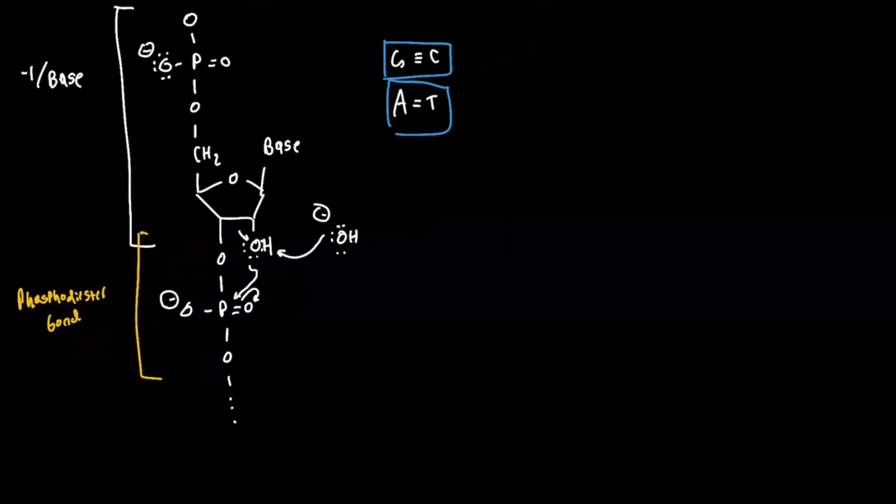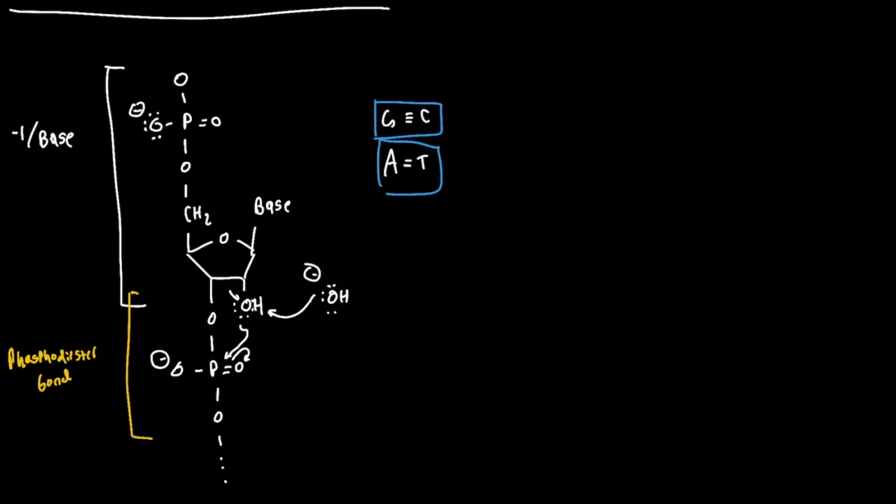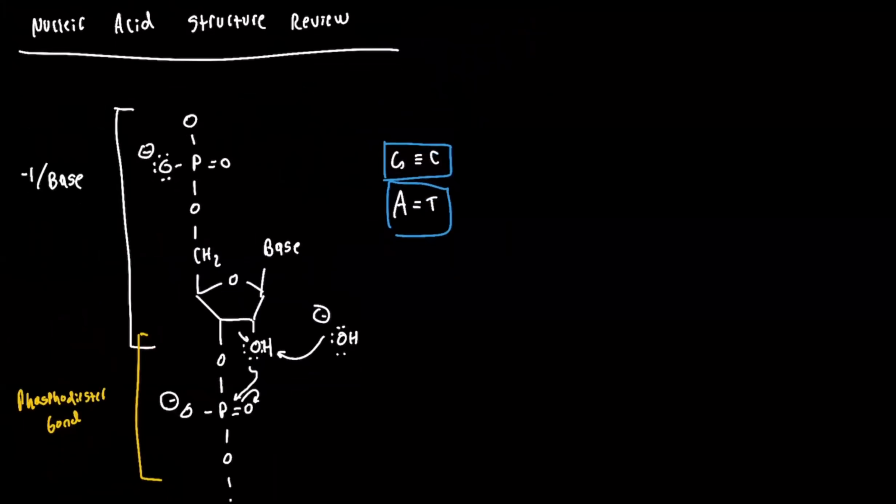Okay. So an important thing about double-stranded DNA and RNA too is that it absorbs light at about 260 nanometers. So that's really cool. We can measure DNA and RNA.